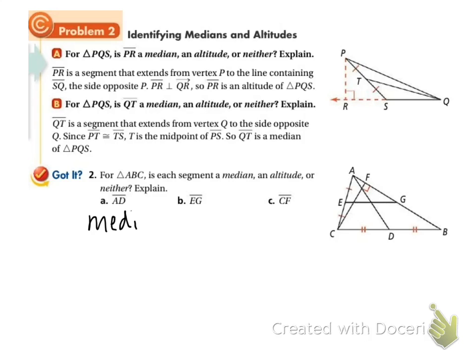EG goes from the midpoint just to the other side. That's not anything. That's neither. And CF goes from a vertex and it's perpendicular to the other side. So that is an altitude.